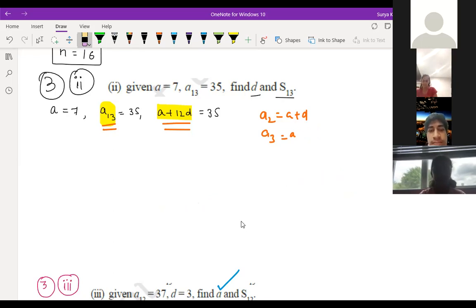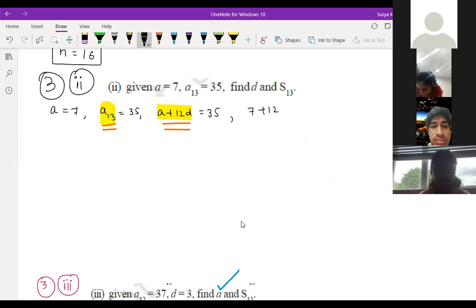Yes, sir. Okay, next, Javian, next, what to do? Tell me now. Next step, sir, we can take 35 is equal to 7 plus 12d. Here we can write 7 plus 12d is equals to 35, right? Yes, sir.